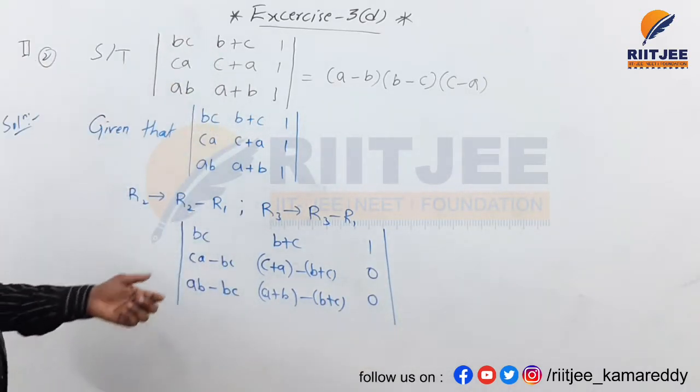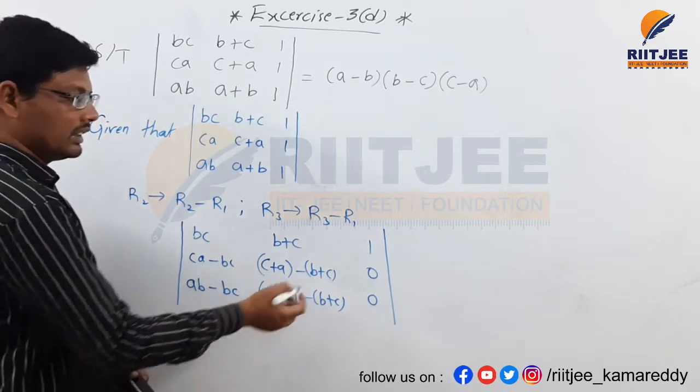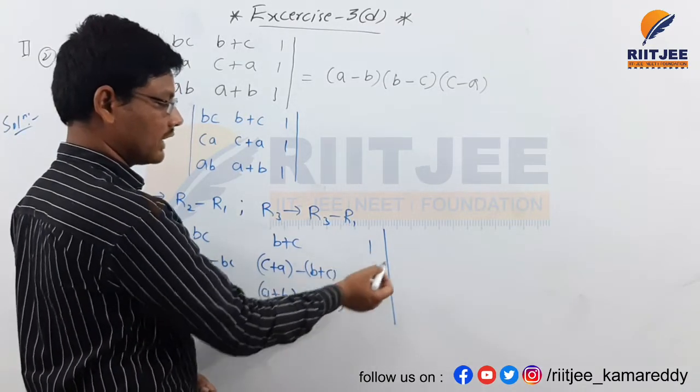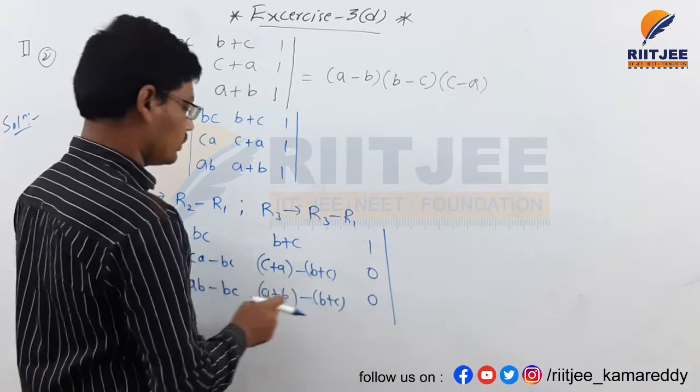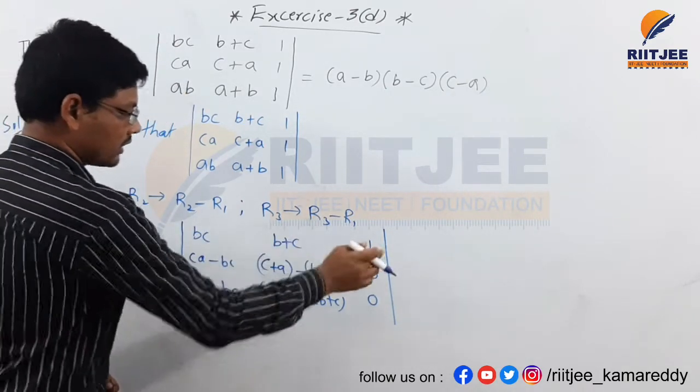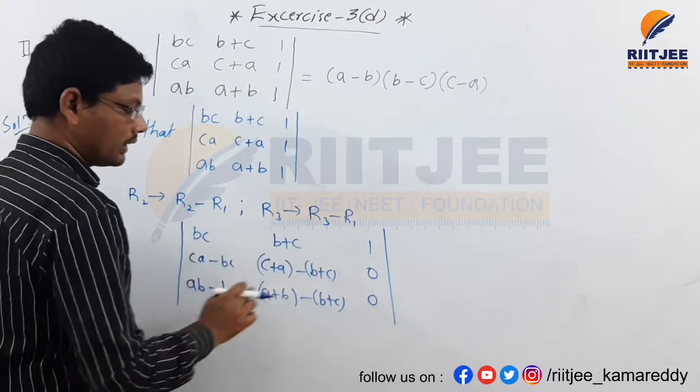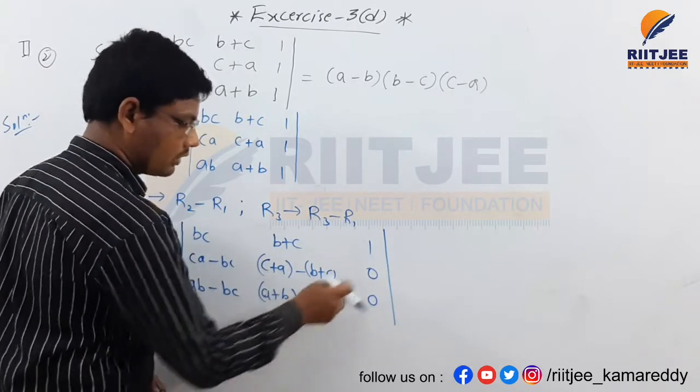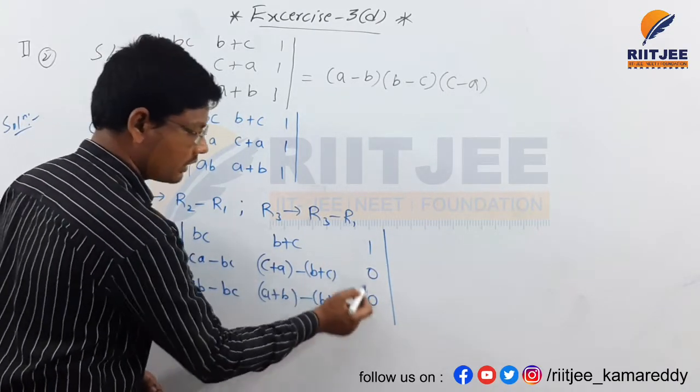Now I am taking the determinant for this one. If you take BC, this row and this column are eliminated. 0 into anything will be 0, so this is 0, this is 0.